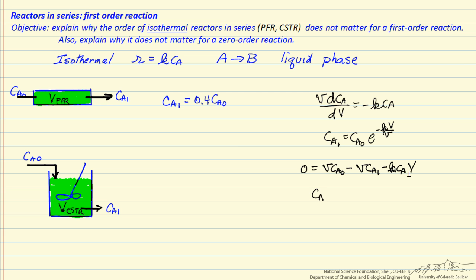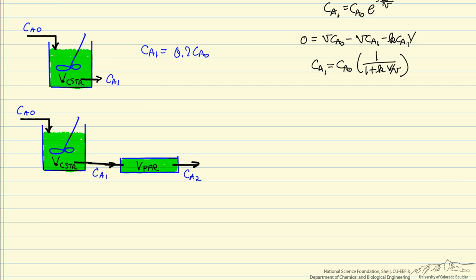If we solve this for Ca1, it's Ca0 multiplied by this term. Again, the fraction converted is the same, independent of the actual concentration. Just to make it easier to visualize, let's assume for this reactor that Ca1 is 7/10 of Ca0. So we're converting 30%.